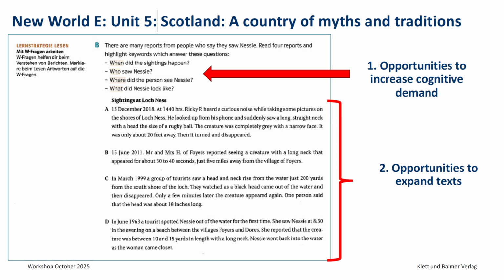So perhaps expanding them again. So we can increase the word length, make them bigger, or we can also think about adding different perspectives, or we can ask learners to compare the different texts, even using these texts.